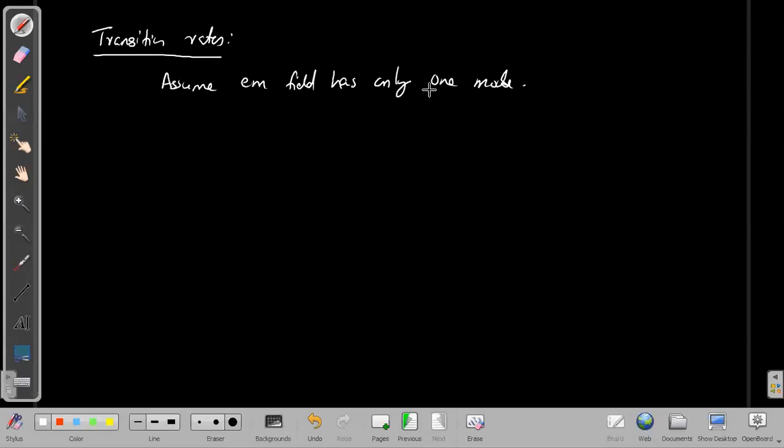And what about this interaction potential? There are two terms, v and v dagger. So how can I write my v here?